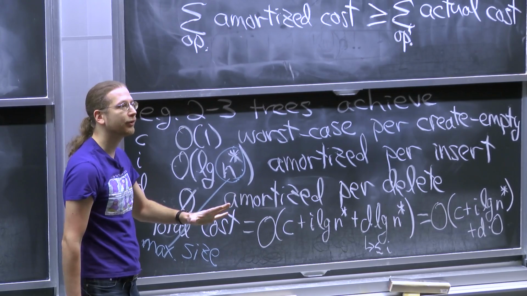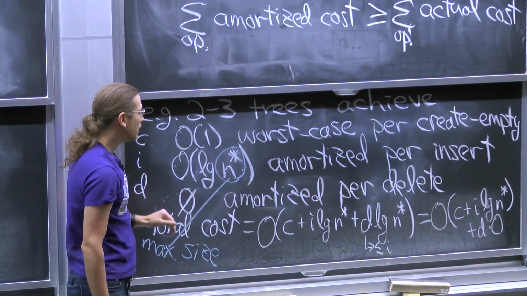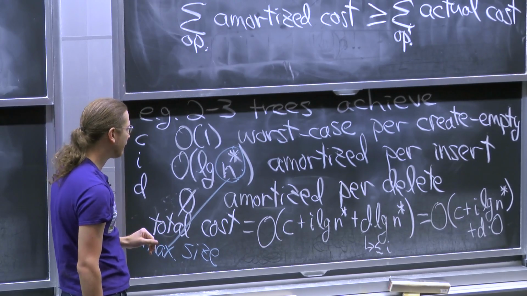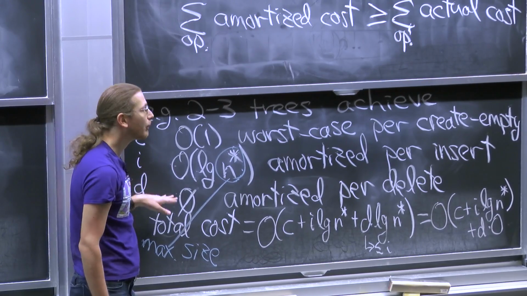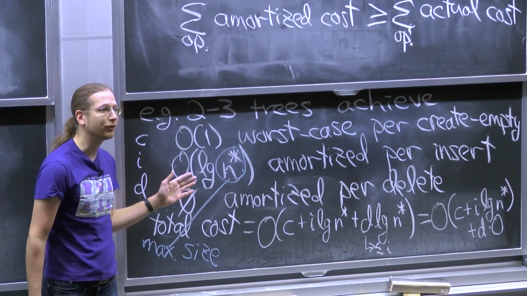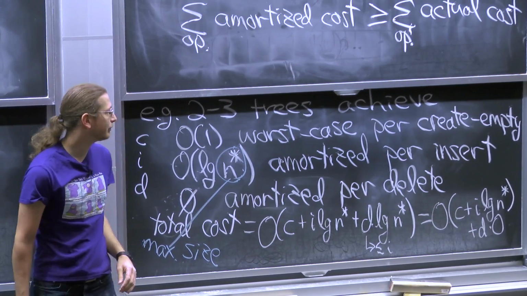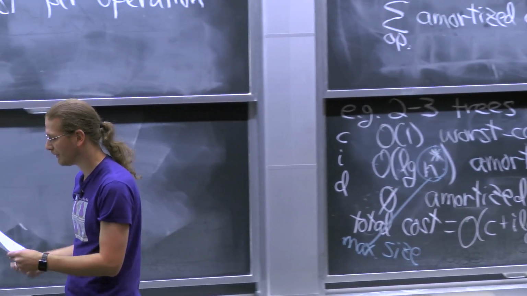So the total amortized cost is free. The reason the balance is always non-negative is that for every deletion, there was an insertion before it. It's maybe a less intuitive way to think about this problem, but you could think about it that way.